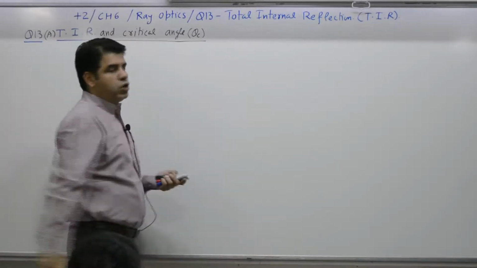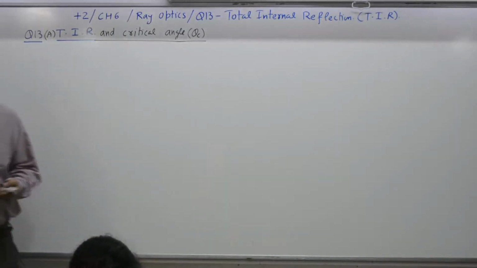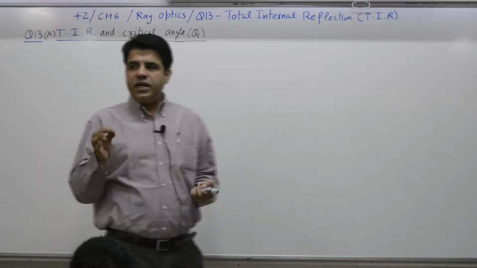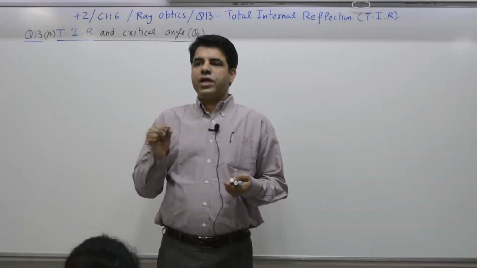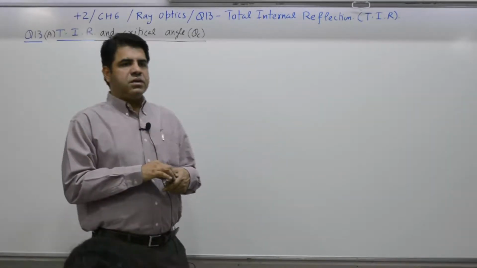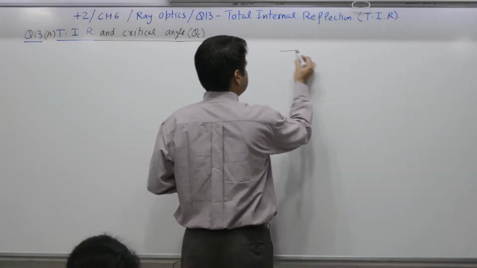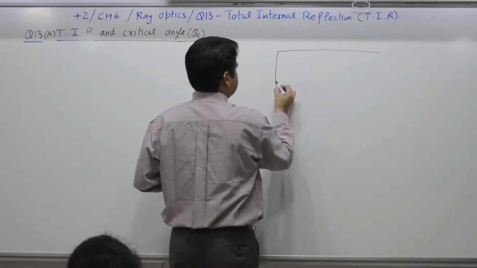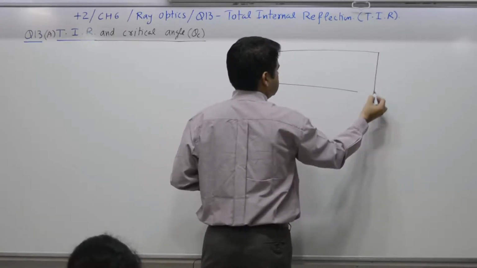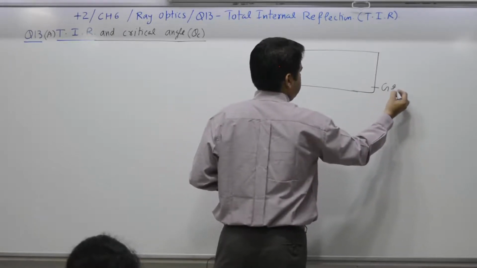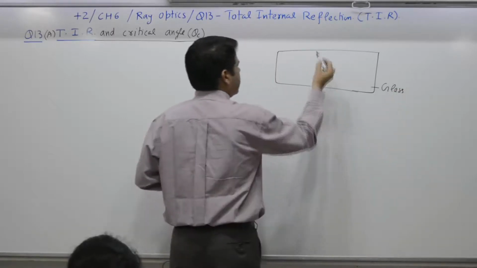Question number 13, total internal reflection. When a ray travels from denser medium to rarer, it is termed as refraction. What we have covered is, this is glass, a ray.